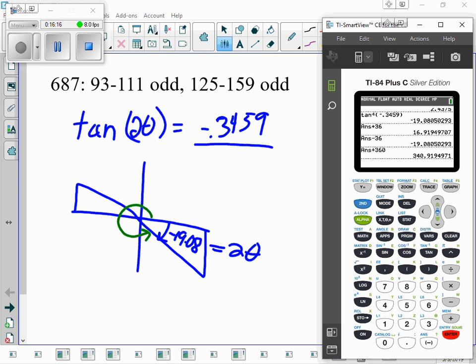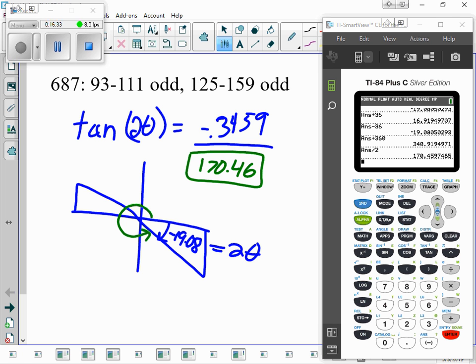So 340.9. What do I do with 340.9? Divide it by 2, and I get 170.46. Is that in the window? Yes.